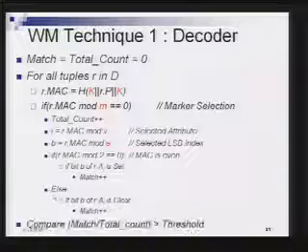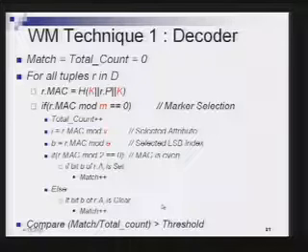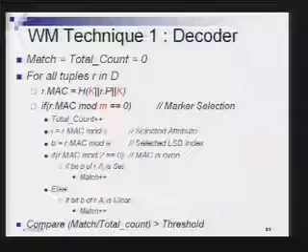Make sense? Okay. So now what does this technique do? They define a threshold. You have the number of correct bits and the total number of bits. You divide them by each other, which gives you the percentage correctness, right? And the percentage correctness has to be above a certain threshold. If it's above a certain threshold, this says, hey, the watermark is present. If not, the watermark is not present.